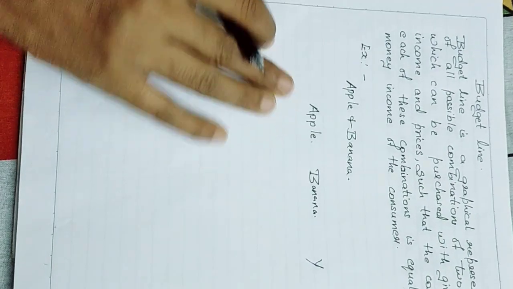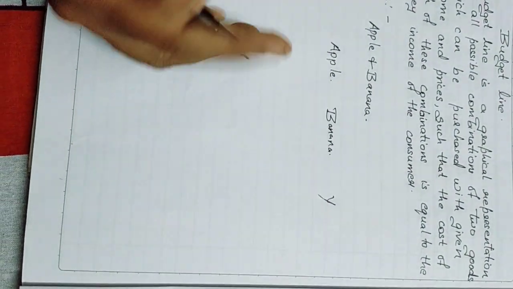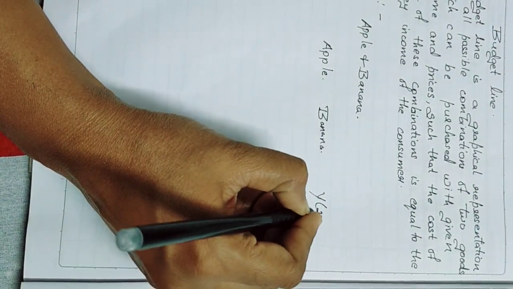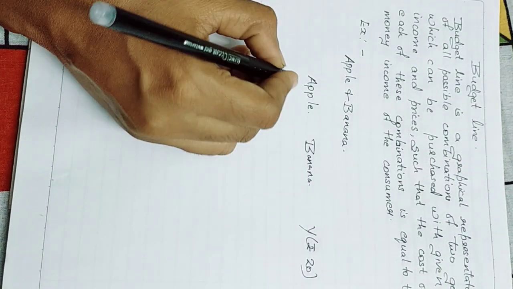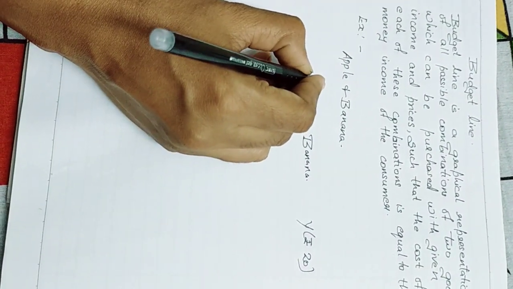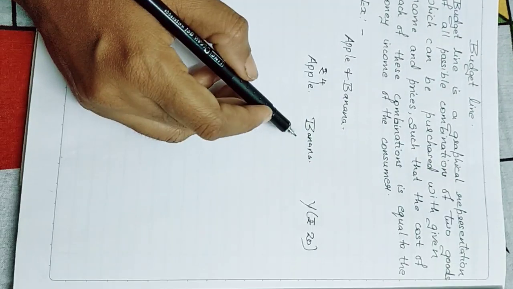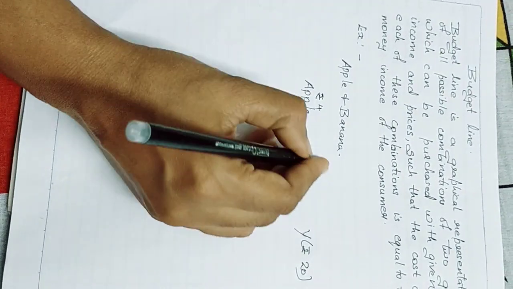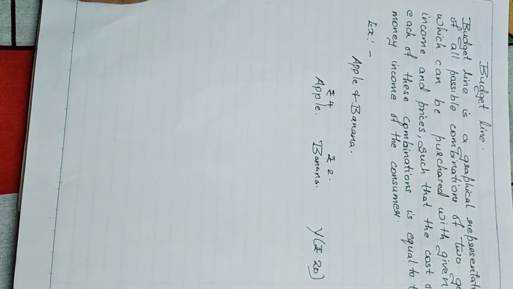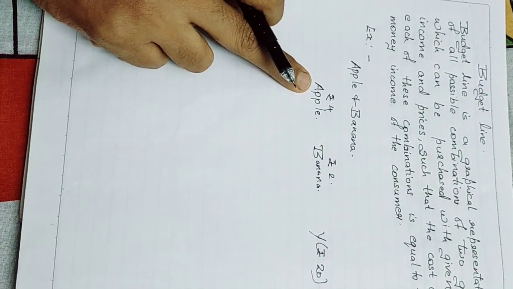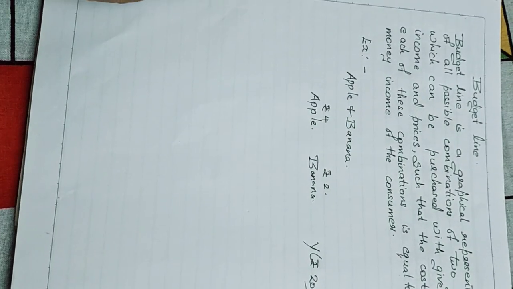I hope everybody knows that Y means income. So my income is rupees 20, and the cost of apple, assuming, is rupees 4, and banana is rupees 2.